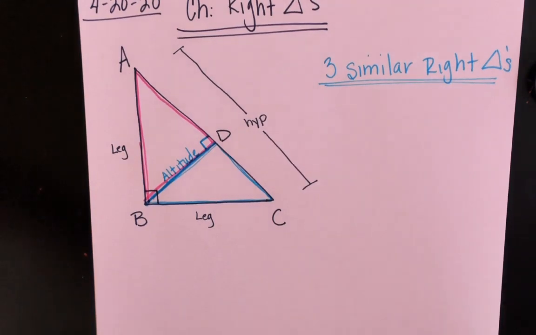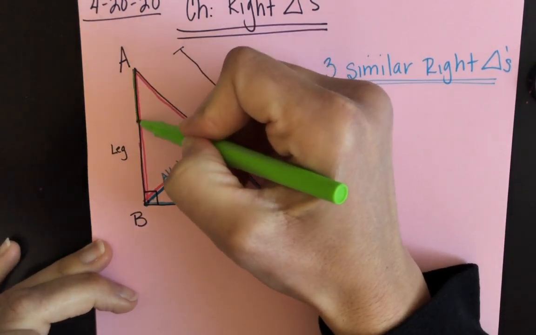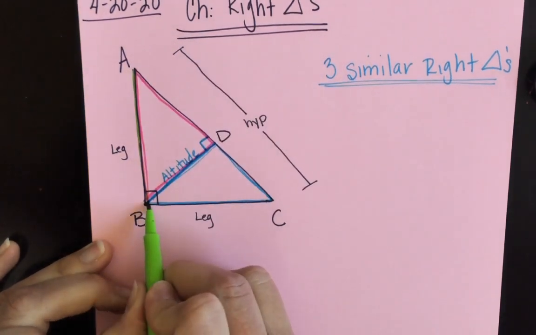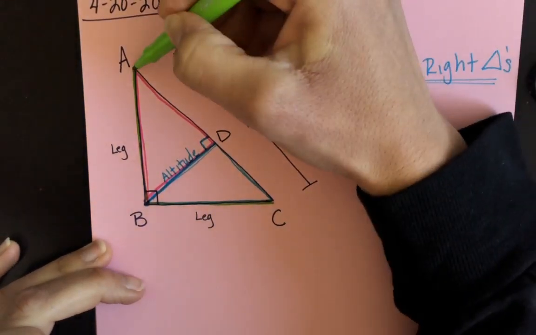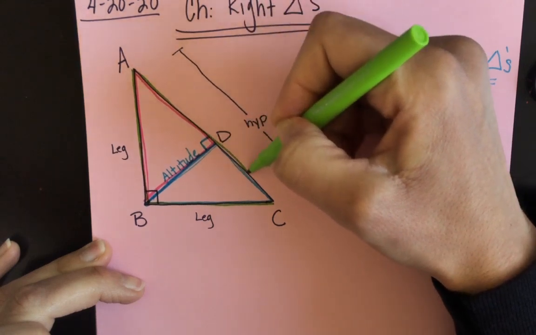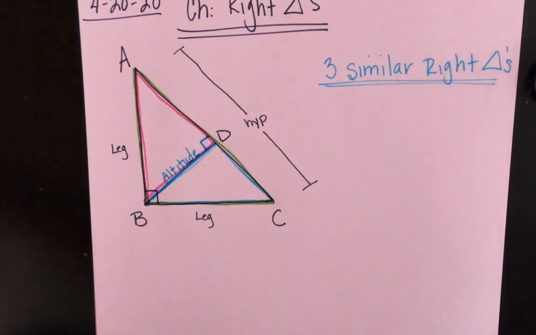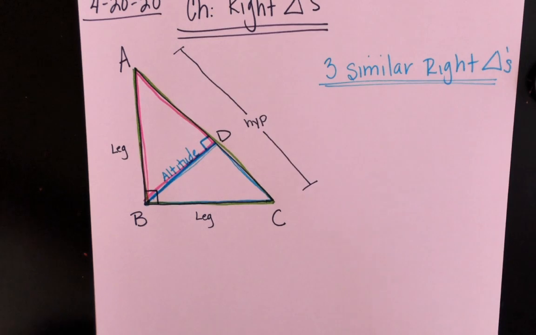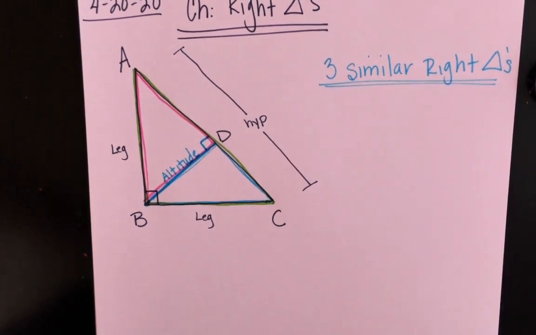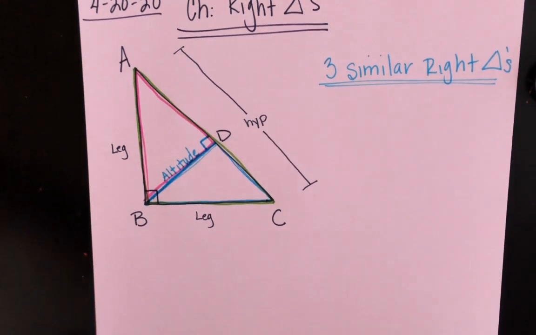But we do have our initial right triangle here. And in order for us to have angle similarity, we need two sets of congruent corresponding angles. So what's one pair of congruent corresponding angles? What are they going to have to be?